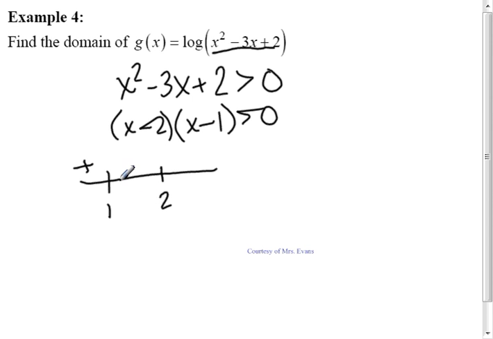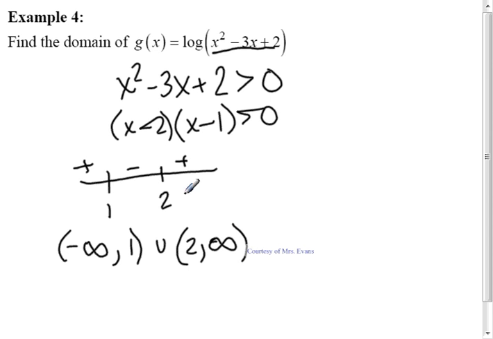Okay, if we put in anything between 1 and 2, we should get a negative, and anything greater than 2, we should get a positive. Now we were looking for where it's positive, and to write that using our notation, it would be from negative infinity to 1, and from 2 to infinity. So that would be the domain of our log function.